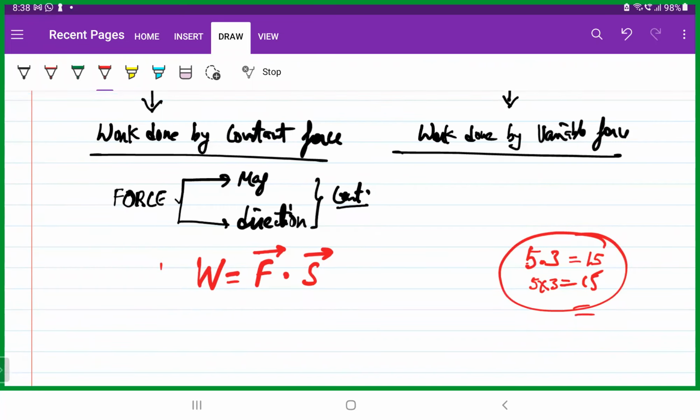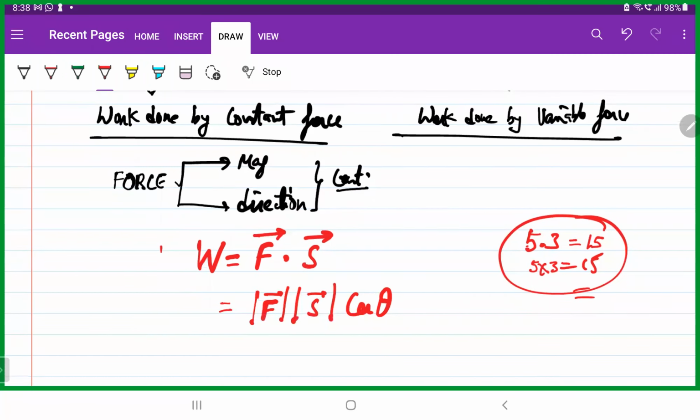When we say that we are taking a dot product of two vector quantities, the meaning of that is it will be equal to the magnitude of force, the magnitude of displacement, and cos of the angle between them, cos theta. Then we say it is a scalar quantity.